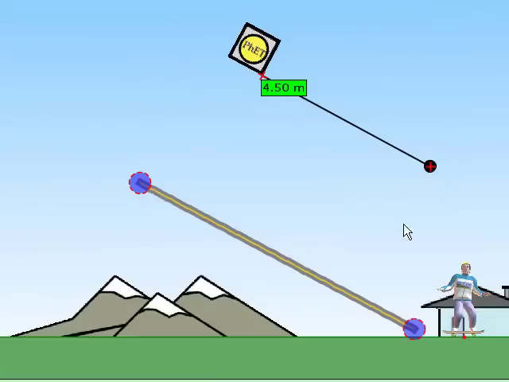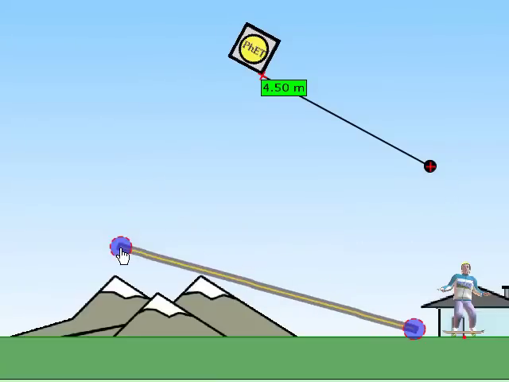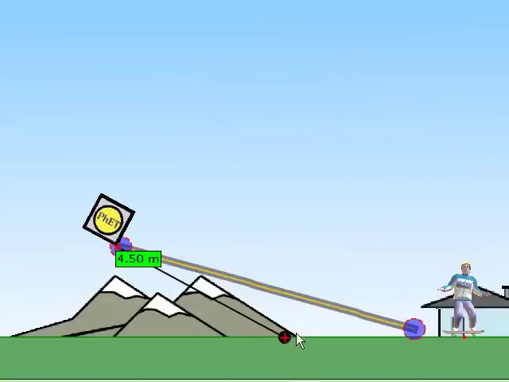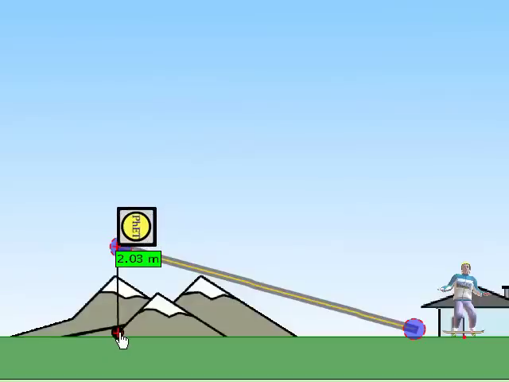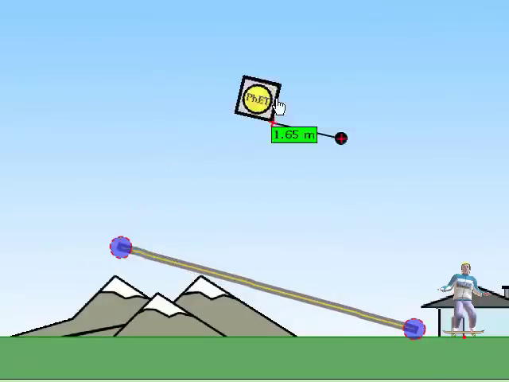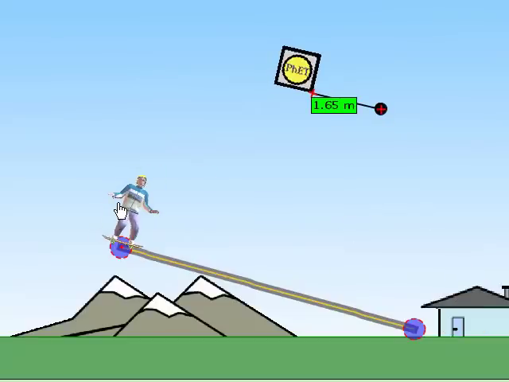I'm going to be choosing several angles, so I'm going to change my ramp. I'm going to remeasure the distance, the opposite side, and the hypotenuse, and I'm going to calculate my angle based on the hypotenuse and opposite side, and then I'm going to drop my skater. Oh, I'm going to have to show the path.